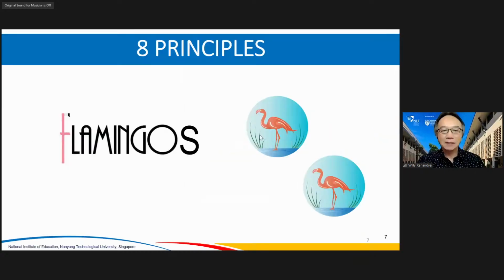And these 8 ideas are summarized using one word, so that after the session is over, you will remember this one word. And this one word is flamingos.